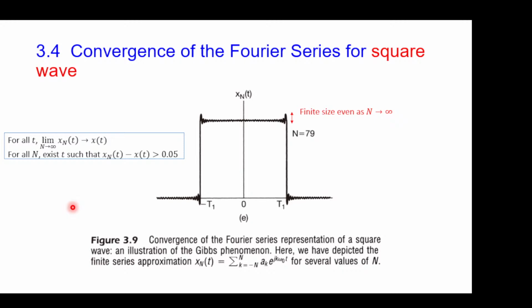And the answer to this is the spoiler that we talked about before, right? We need to be very careful about the ordering of our limit. So for every t, you fix t first, and you take n to infinity, your x_n will go to x of t.